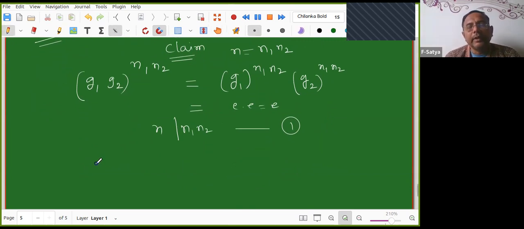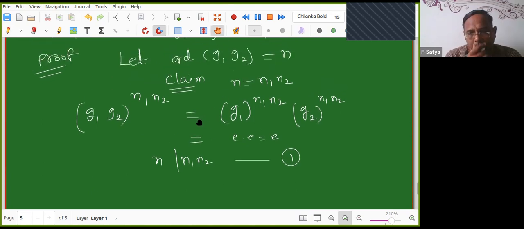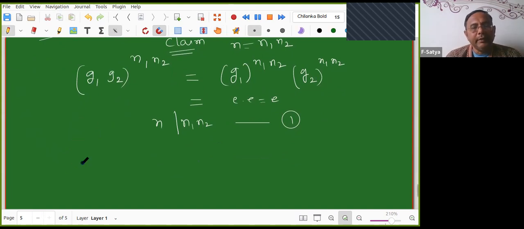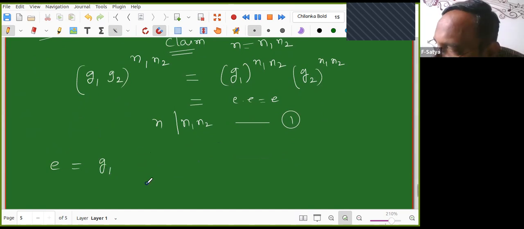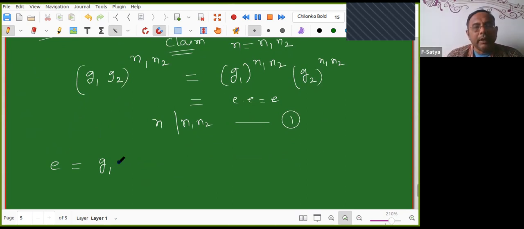How do you prove that? Can somebody come up? Okay. So what I do here is, I know that 1 is equal to identity. We can use Bezout's theorem also. Okay, I'll tell actually.